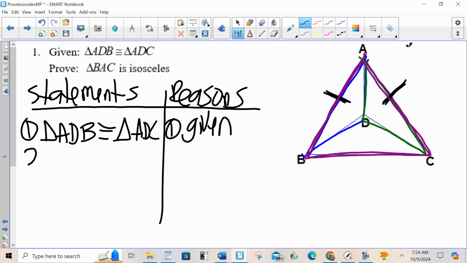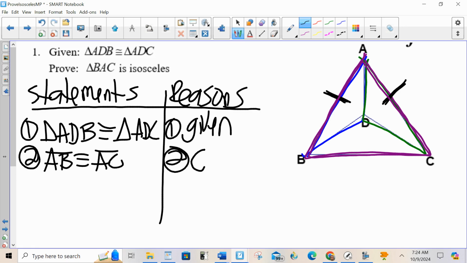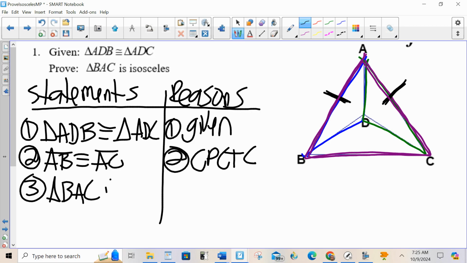So I can say, since those triangles are congruent, that AB is congruent to AC, CPCTC, and now that those sides are congruent, triangle BAC is isosceles.